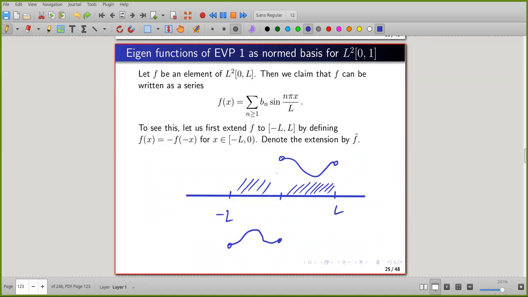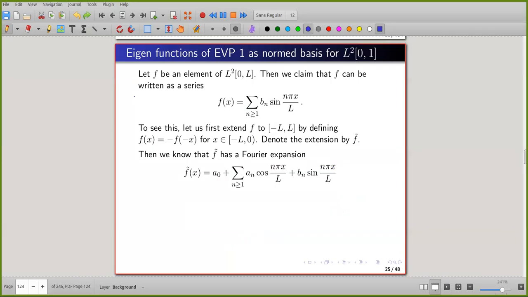So we extend f as an odd function to minus L comma L. That's the first thing we do. And we don't care about how to extend it at finitely many points, so we don't care about what happens at 0, right? Okay. So we call the extended function f tilde, from minus L comma L to R.